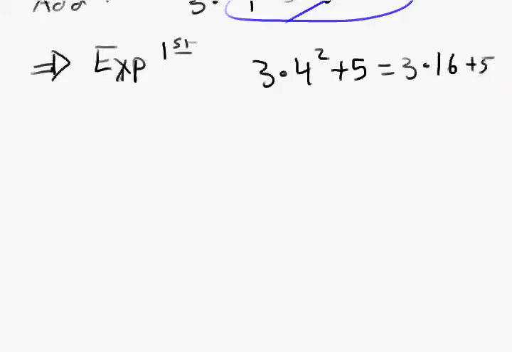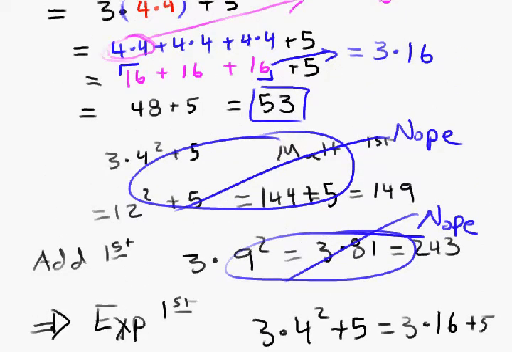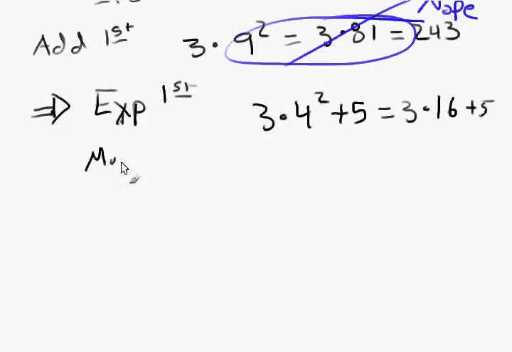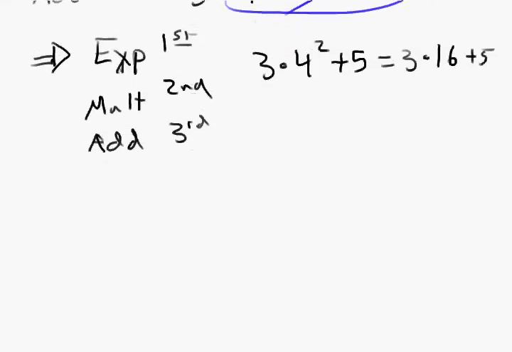We just saw that we had 3 times 16 sitting in there, and we did that first to get 48 before adding 5. That means it's multiplication second and then addition last. Alright, so this is the start of it. This is our good start.